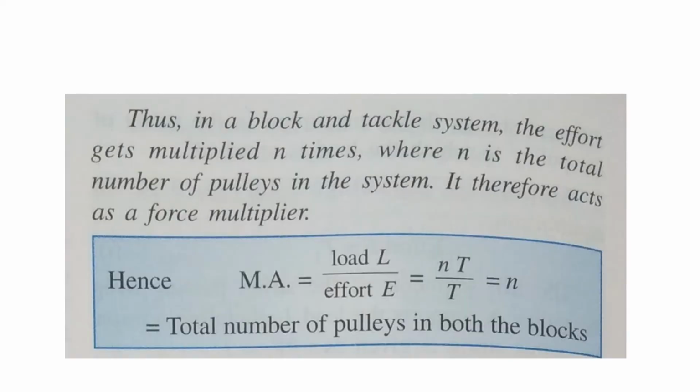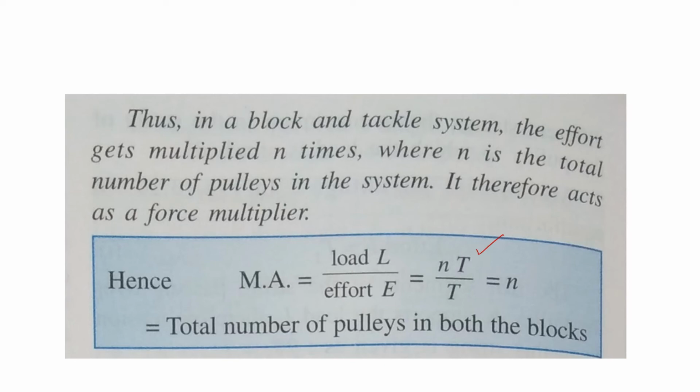Thus, in a block and tackle system, the effort gets multiplied n times, where n is the total number of pulleys in the system. It therefore acts as a force multiplier. Hence, mechanical advantage is equal to load by effort.